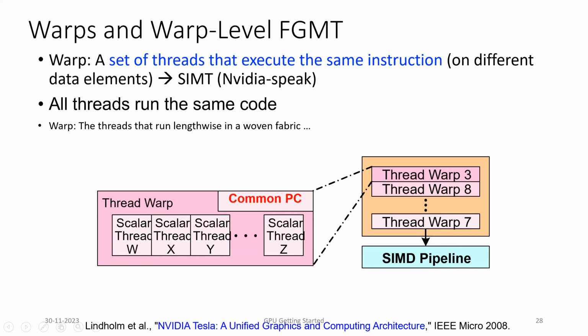Oh, sorry. So here, this is how we can actually visualize that there are individual threads here, W, X, Y, so on to Z, and all of them have one common PC, which will help us to track the instruction that is getting executed and to know where to go, right? And such groups of threads or the warps are actually fed into this SIMD pipeline.